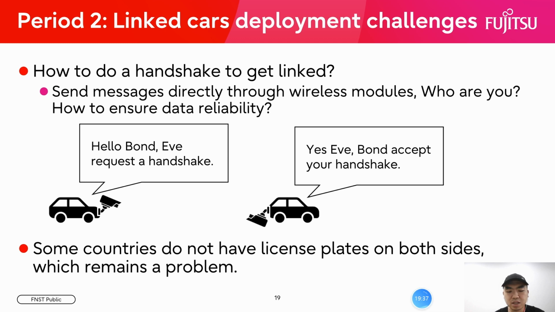So my design is to have a camera in front of the car and a camera behind the car. First, you read the other's license plate and then use the license plate information as an identity to confirm, and then establish a wireless data connection between each other. But there are still some questions. For example, in some countries where license plates are not placed front and back, it's going to be a problem for them.